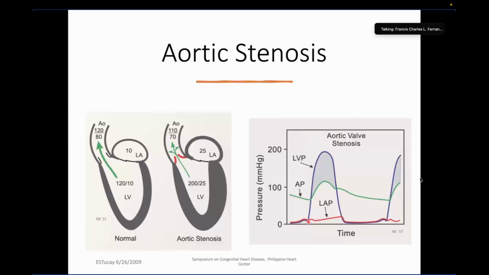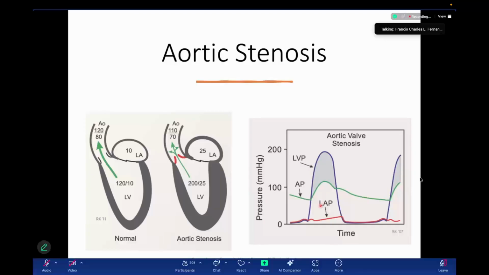So the A wave, and then this is systole, no? All right, and then this is diastole thereafter. This is when the aortic valve opens, and the LV pressure is high, no? And then later on it drops to around 10 if it were normal.